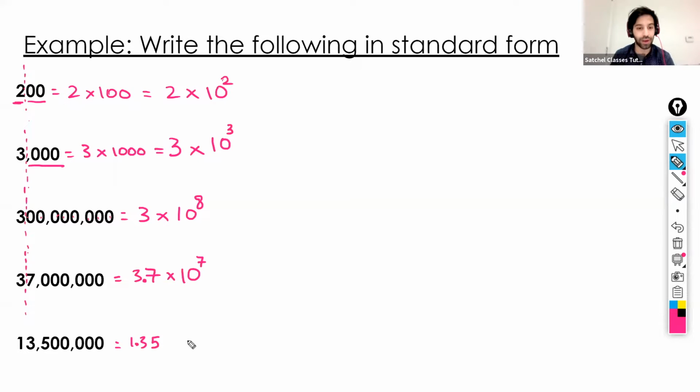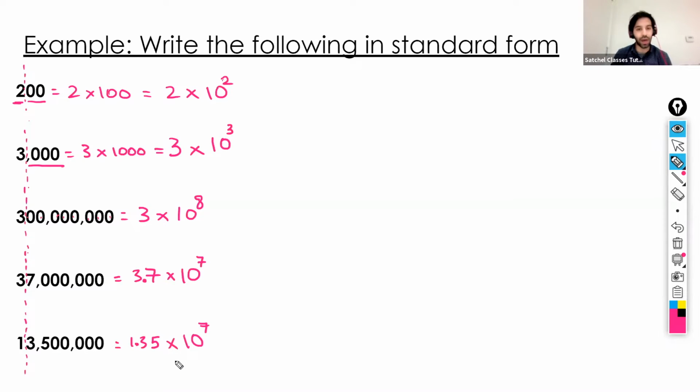And 1.35 multiplied by 10 to the power of, well, again, I need to draw a line after my first non-zero number, and then I just need to count how many digits I have. So I've got 1, 2, 3, 4, 5, 6, 7. So that's also going to be 1.35 times 10 to the power of 7.